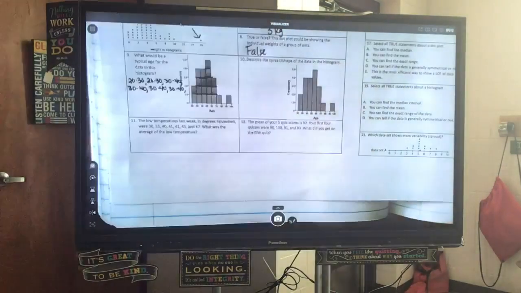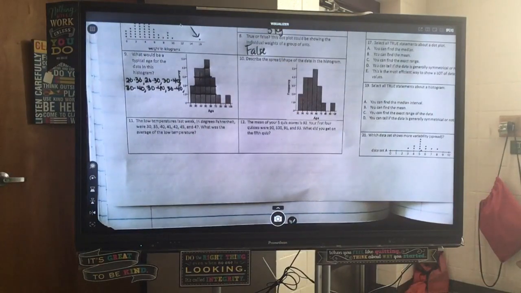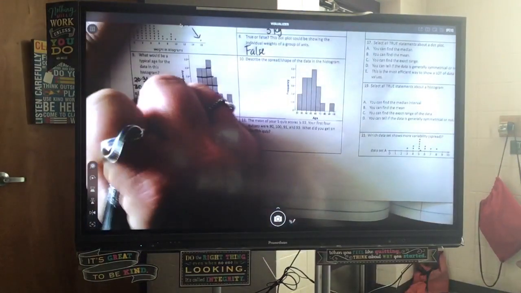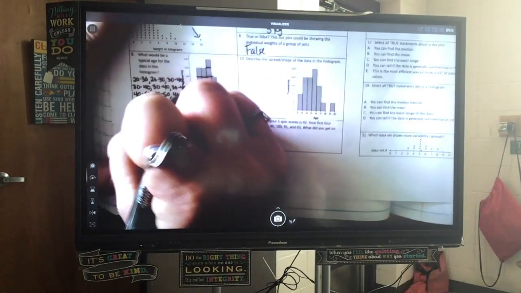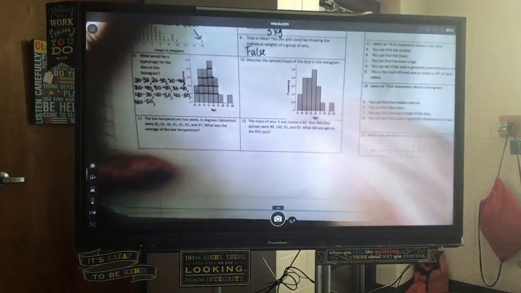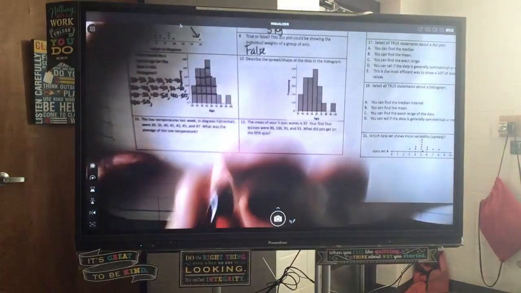Alright, so then how many 40 to 50s do you have? Jason? We have 4, so then you do 40 to 50, 40 to 50. Alright, how many 50 to 60s do we have? Mason. 5.